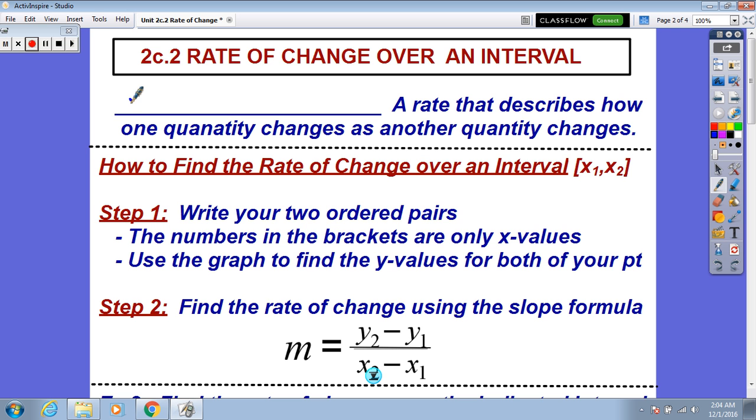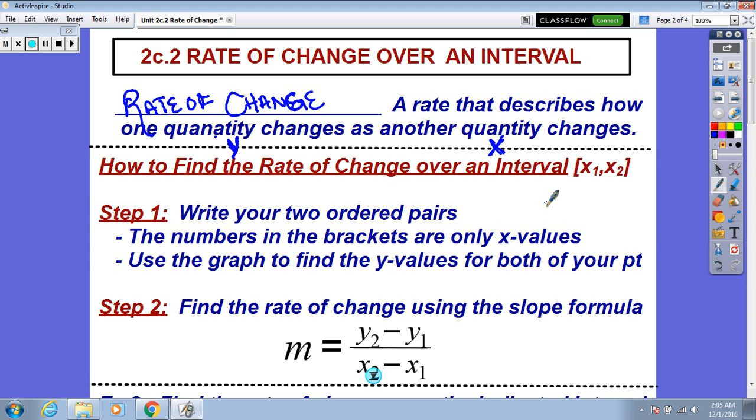So right here is a rate of change. Is a rate that describes how one quantity changes, which in our example is y, as another quantity changes, which is x.